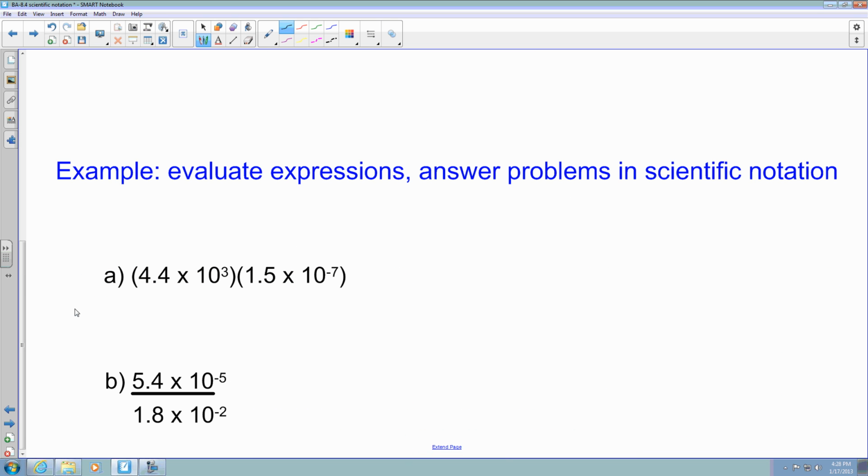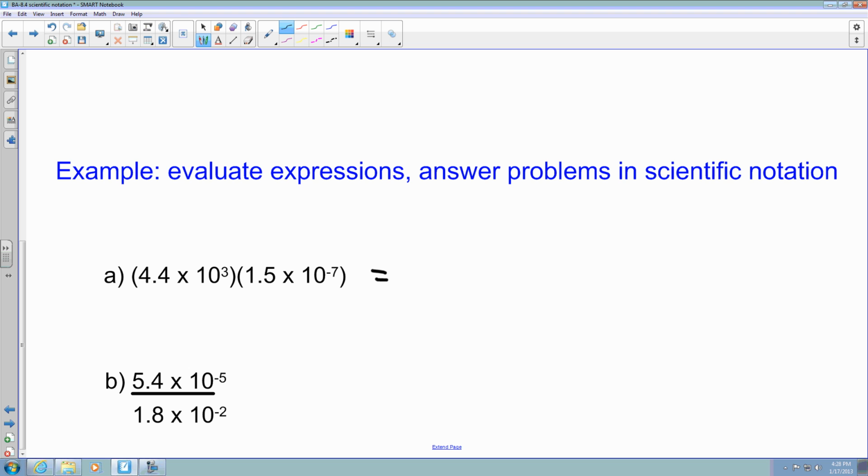Last examples that you're going to be given is they want you to evaluate expressions, and they want you to give answers in which they're in scientific notation. So I look at example A. I have 4.4 times 10 to the third times 1.5 times 10 to the negative seventh. So here's how you solve this one.